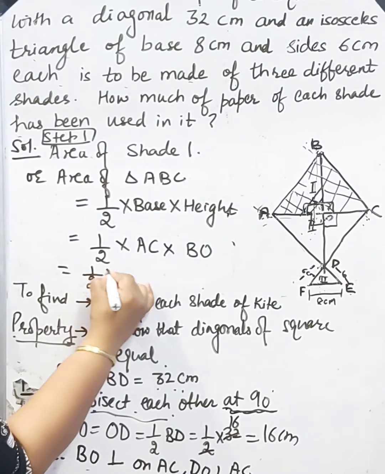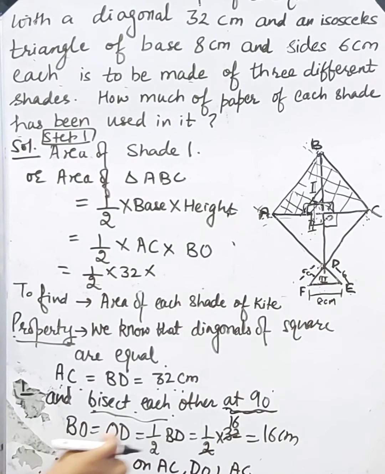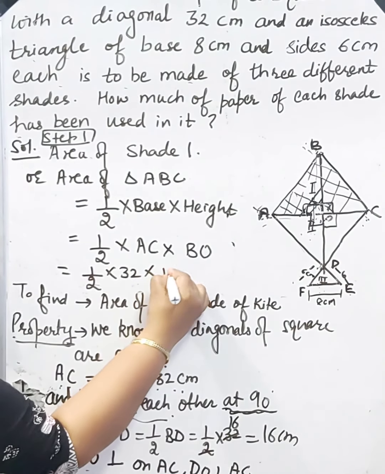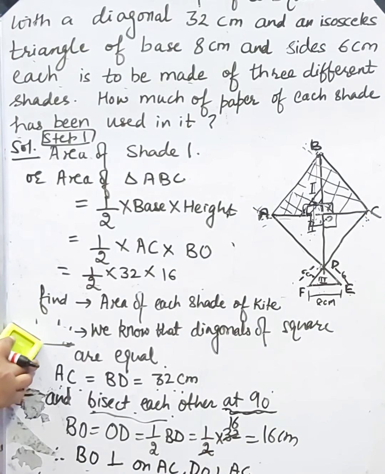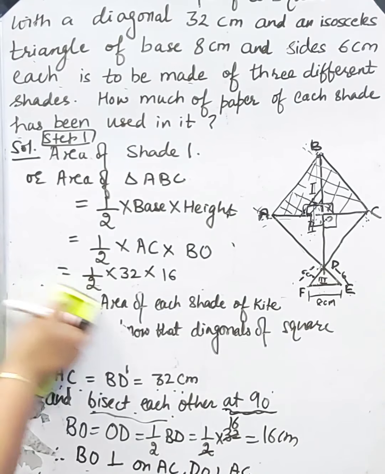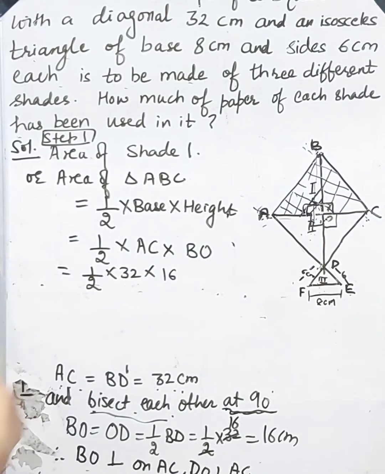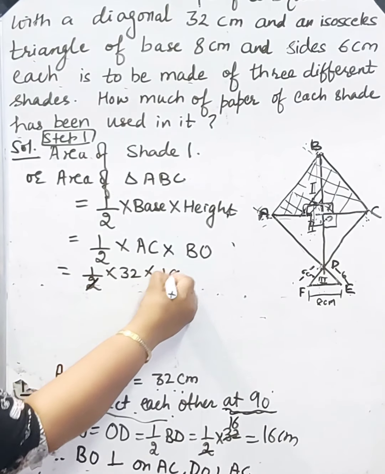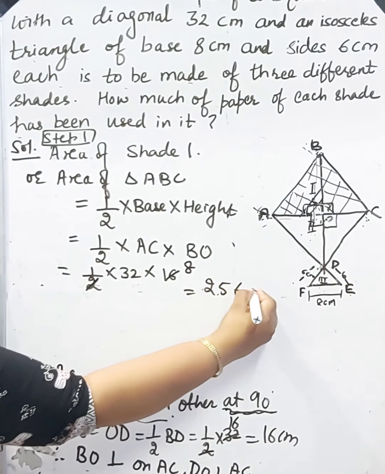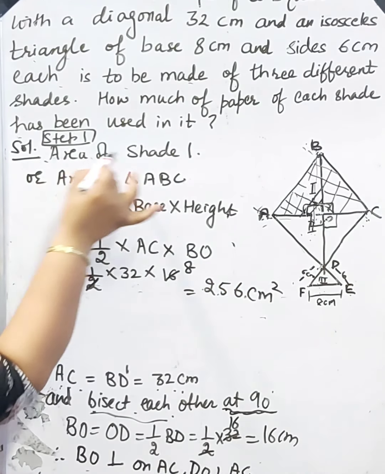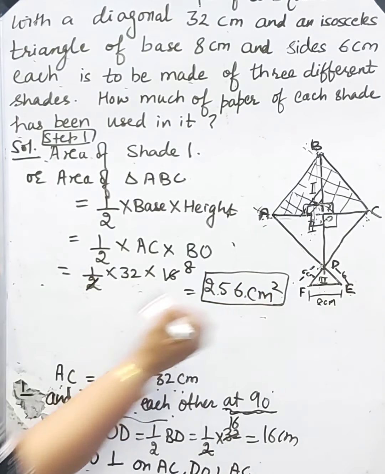Equal to half into 32 centimeter into 16 centimeter. Therefore, area of shade 1 equal to 256 centimeter square.